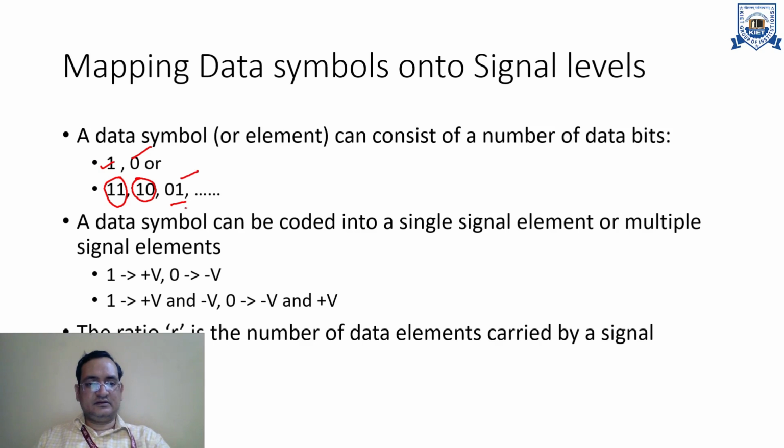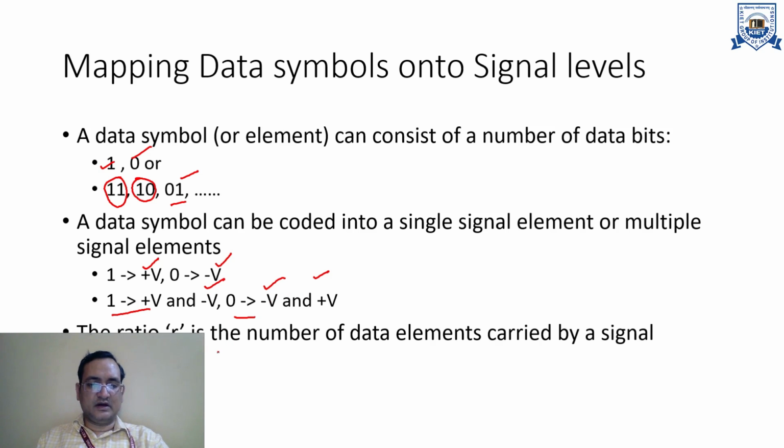So a data symbol can be coded into a single signal element or multiple signal elements. Positive 1 volt is represented as plus V and 0 is represented as minus V. Similarly, plus V or minus V relates to one line coding scheme, and 0 for negative V or plus V represents the phase changes.